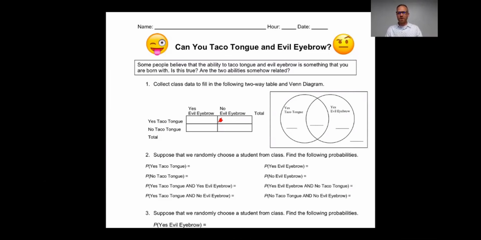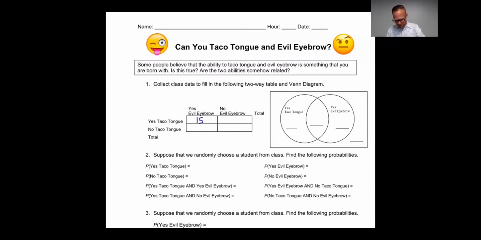Now, in order for you all to be able to do this activity, we have to have class data. So I saved some class data from last year, and I'm going to share that with you, and I'll just have you use this class data here. So go ahead and record these numbers here. There were 15 students that were yes, taco tongue, and yes, evil eyebrow.